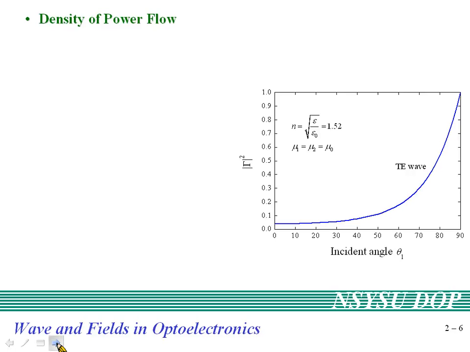We next consider the power flow along the z direction. To find the power density along z, we start from the time averaging Poynting vector.